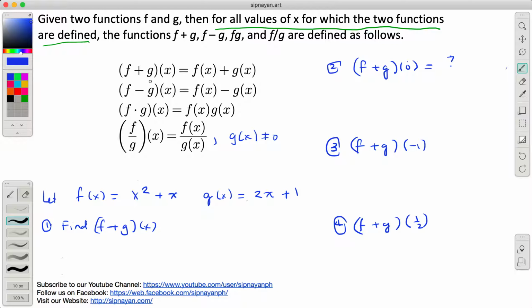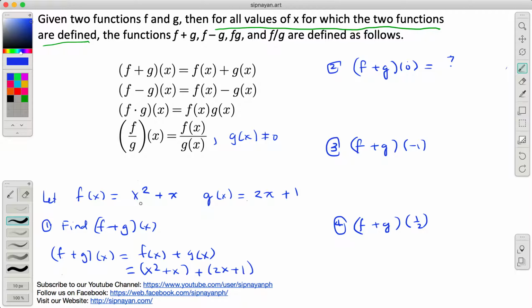This is our definition: f plus g of x is equal to f of x plus g of x. But f of x is equal to x squared plus x, and g of x is 2x plus 1.